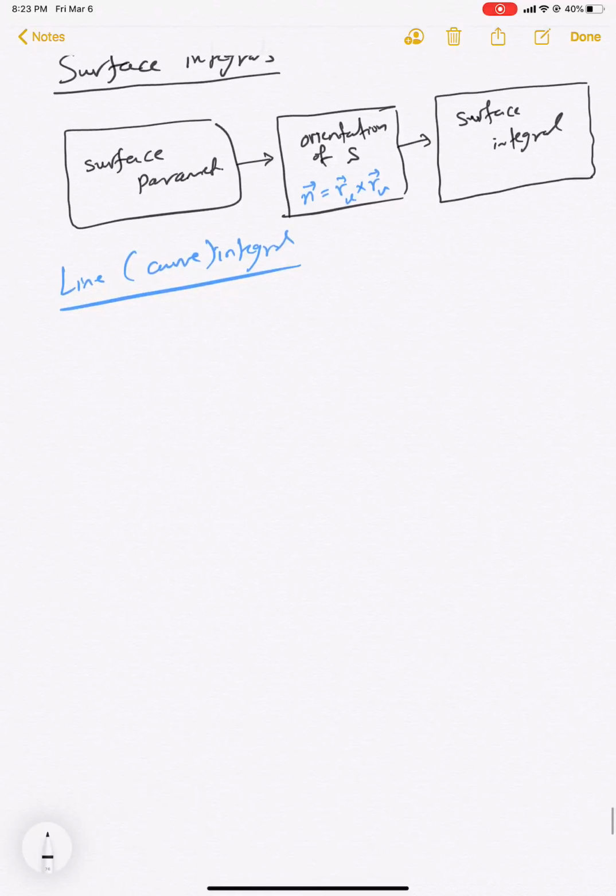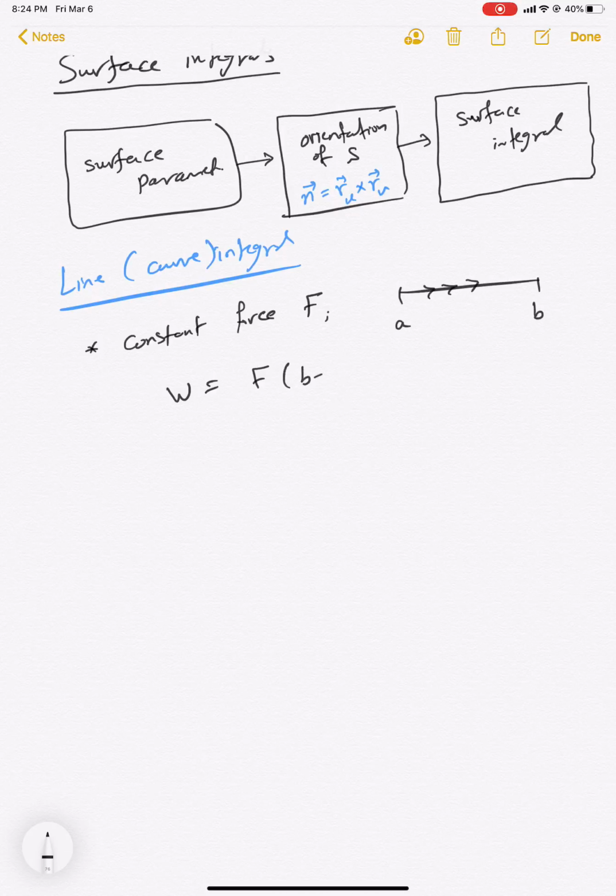So for the line integrals, we have a constant force, call it F. This force is applied to move an object from A to B. Then the work is F times the displacement, which is B minus A.